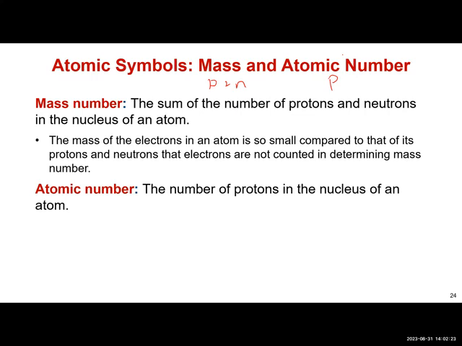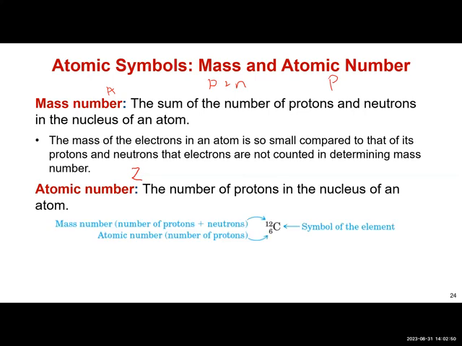Atomic number is called Z. Mass number is called A. A is the number of protons plus the number of neutrons. Z is the number of protons.